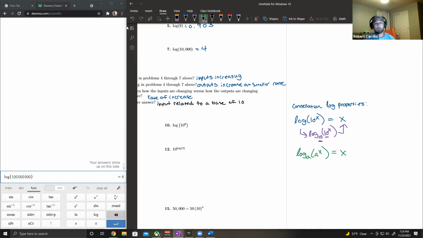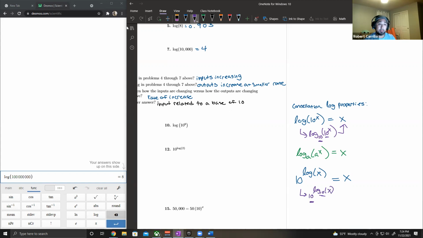Okay, and then one more. We have 10 raised to the log of x. This will also just leave you with x. And again, the reason is that the common log has a base of 10. Here, I'll show you that background again. You can rewrite it as 10 raised to the log base 10 of x, and this base of 10 and that base of 10 match up.